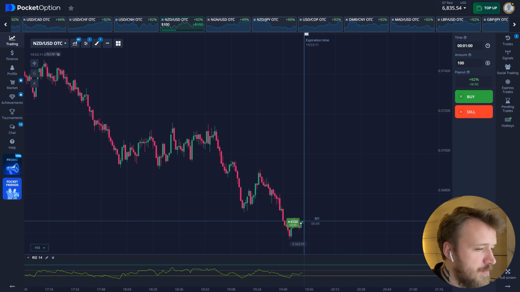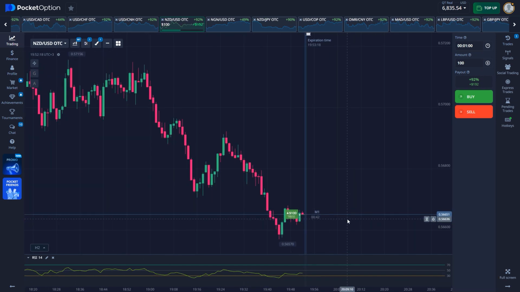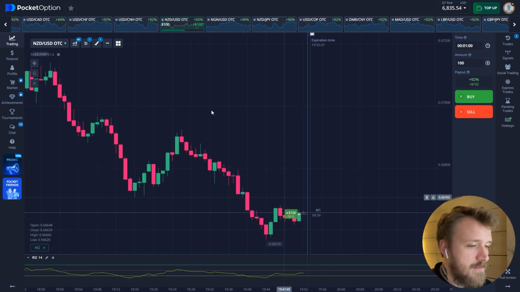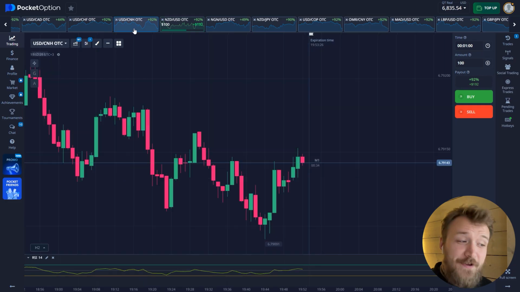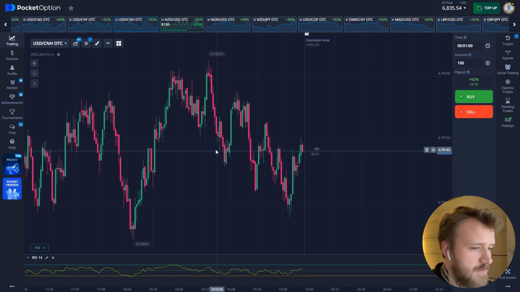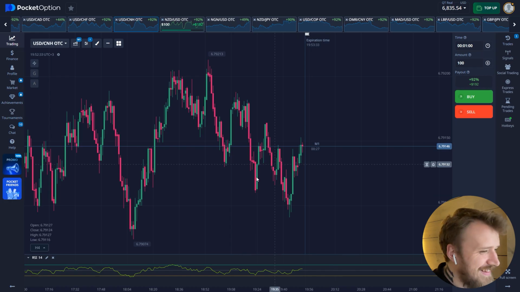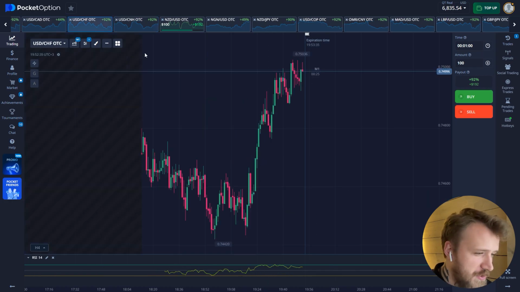The RSI moving average is at 30. A reversal is happening. Well, the price isn't very active yet. Let's see what's happening on other assets. Here the moving average is at 50. That's an unpleasant situation.